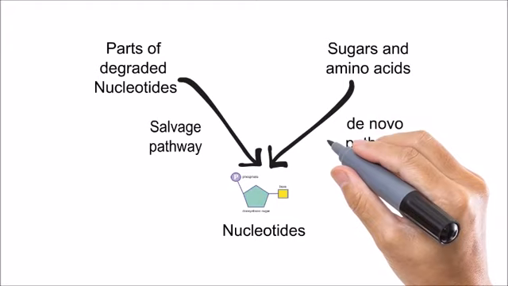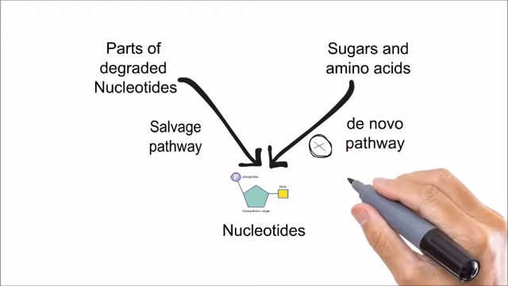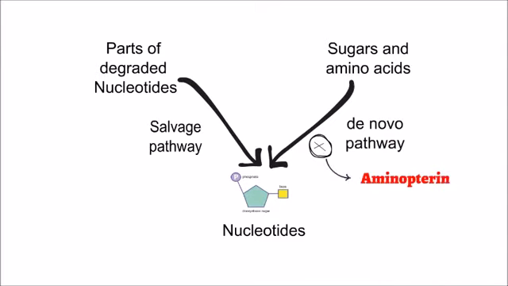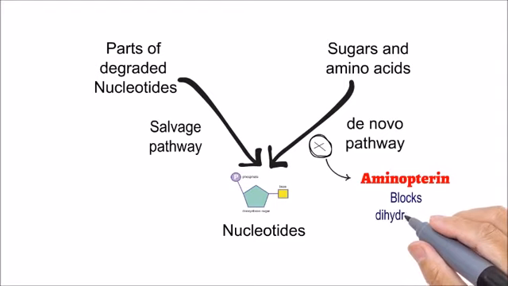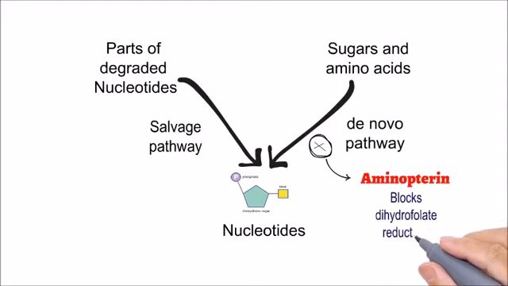In HAT media, cells cannot operate the de novo pathway, and this is due to the presence of aminopterin in the media. This aminopterin blocks one key enzyme which is required to operate the de novo pathway, and this enzyme is dihydrofolate reductase. Once this enzyme is blocked, cells cannot operate the de novo pathway.